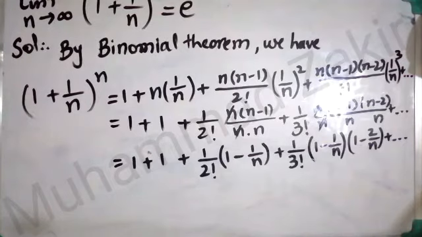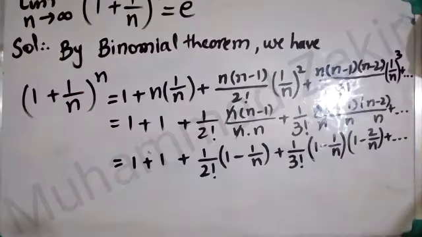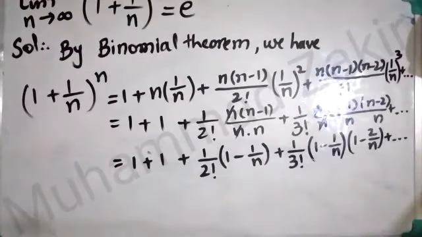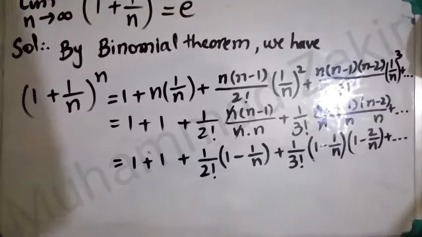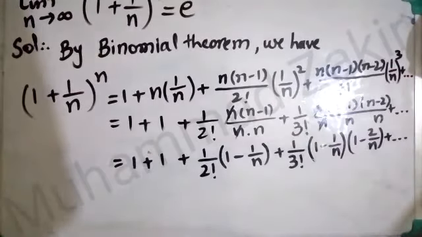Students, before this, on page 21, limit at infinity is explained. If you see, what is written there? Just before part B, limit as x approaches infinity of 1 by x is equal to 0. When x approaches infinity, 1 by x approaches 0.